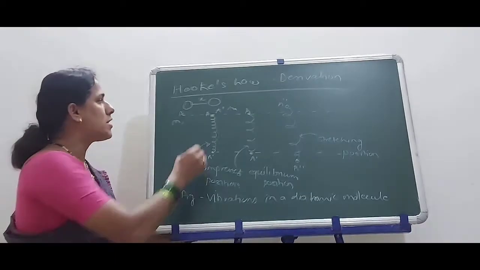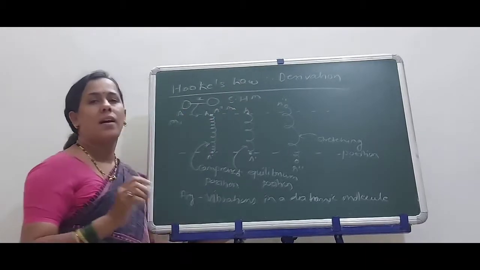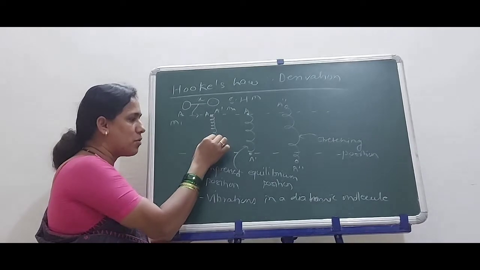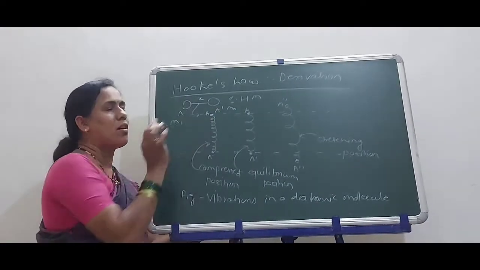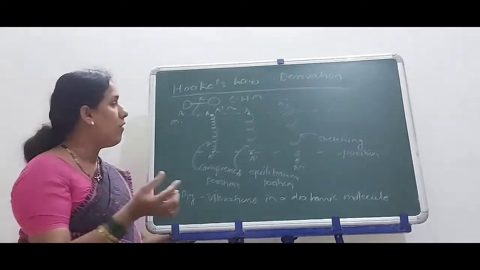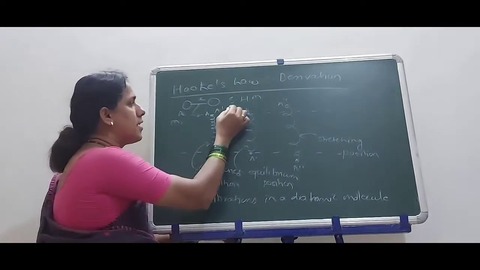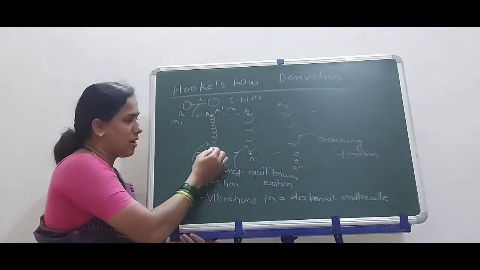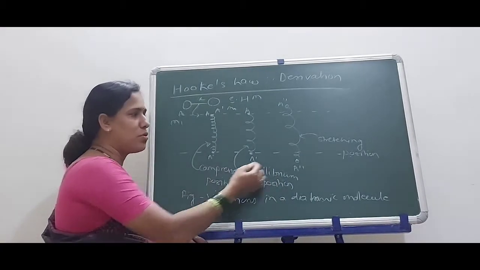They move like a simple harmonic motion, and the covalent bond is assumed to be like a spring. Therefore, the covalent bond of two atoms in a diatomic molecule is considered as a simple harmonic motion.